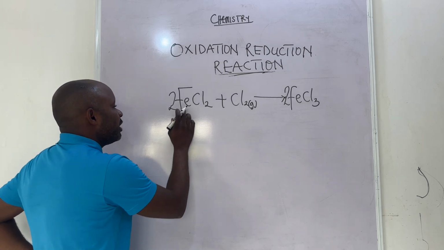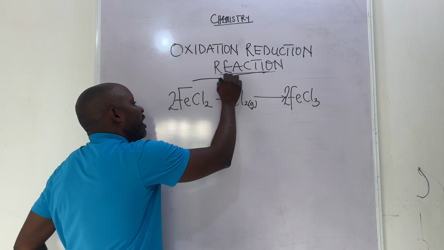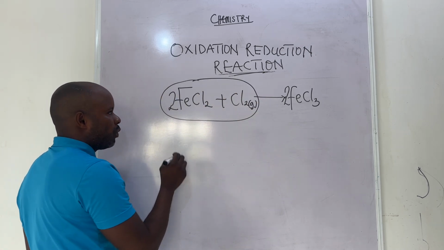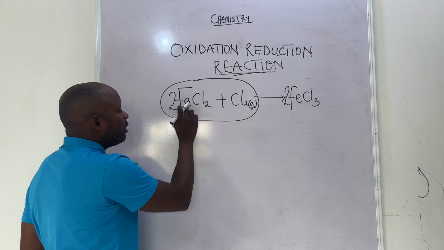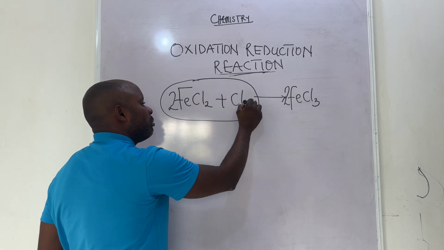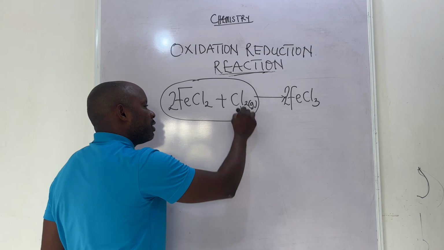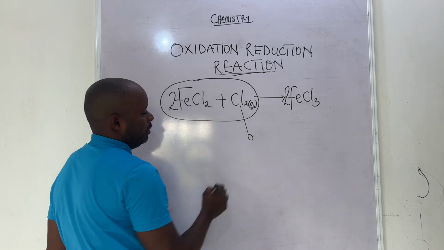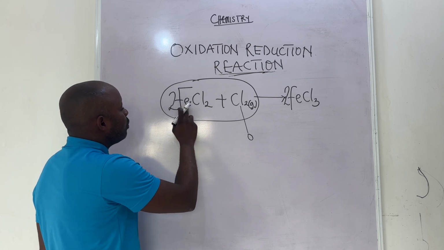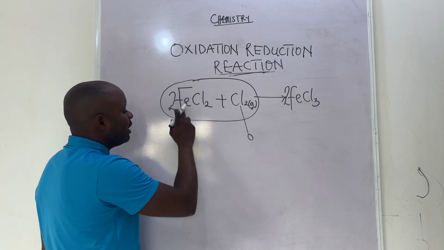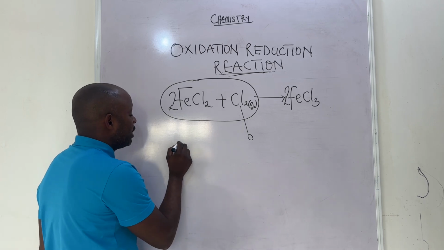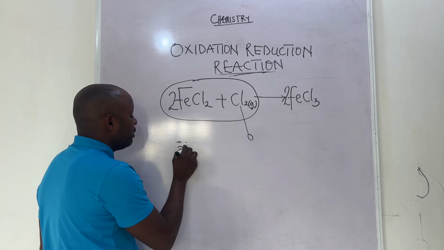We said the oxidation state, as I've said before, we are concerned about the reactant part. About this reactant, what is the oxidation state of iron here? The oxidation state of chlorine here, as a free element, is known as what? It is 0. So we know this is iron. We don't know the oxidation state of iron. Iron exists in two forms, +2 and +3. Here, let's use S to represent it.